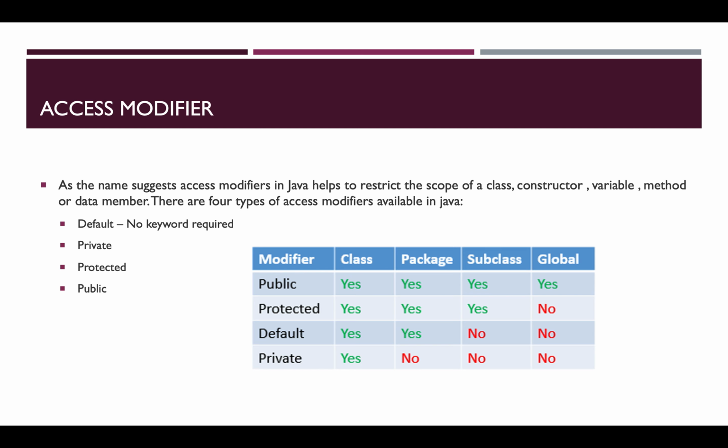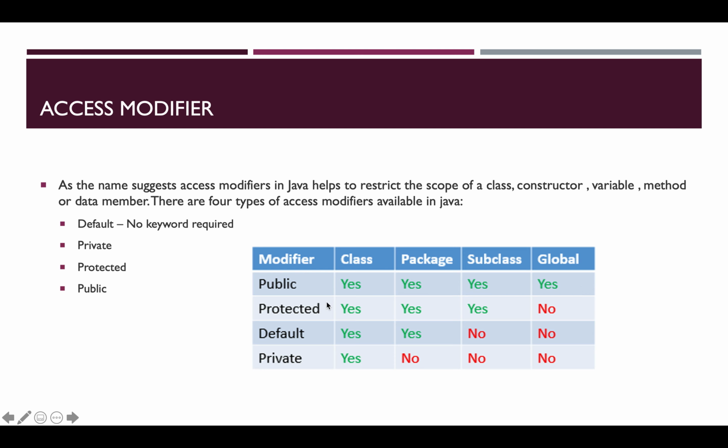Now, access modifiers. As the name suggests, access modifiers in Java help to restrict the scope of a class, constructor, variable, method, or data member. There are four types of access modifiers in Java: the default, where you do not use a keyword, private, protected, and public. I also included a diagram, this one, because I feel like it's way easier to understand it that way than if I just speak. So if you put public, anyone can access.